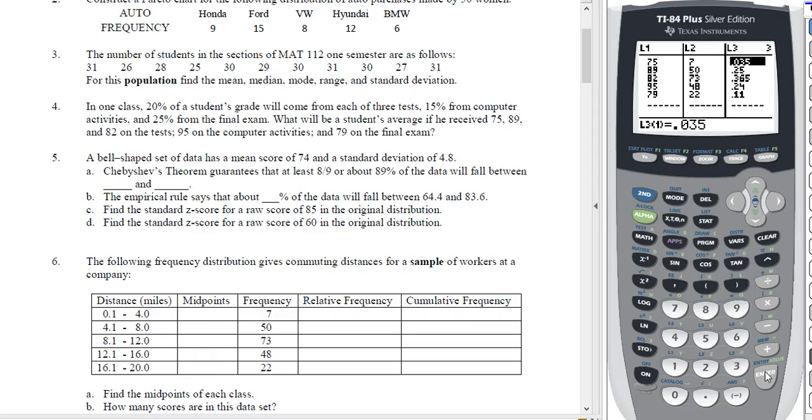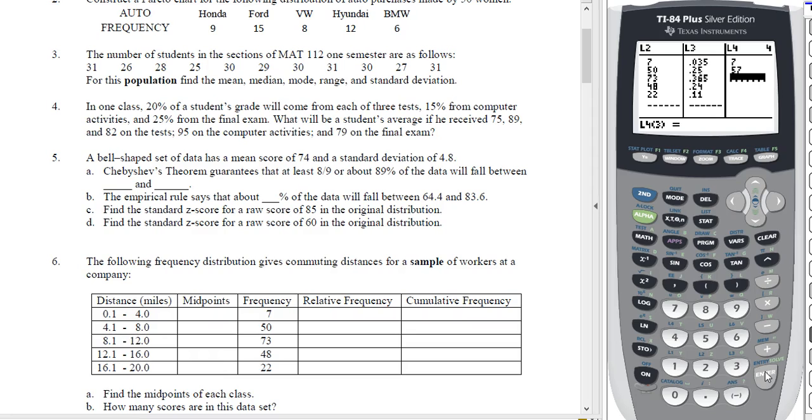The cumulative frequencies then are what you get when you cumulatively add the frequencies. The first one is the first frequency of 7. The second one, you add the next frequency of 50 to get 57. And then you add the next frequency, which is 73.